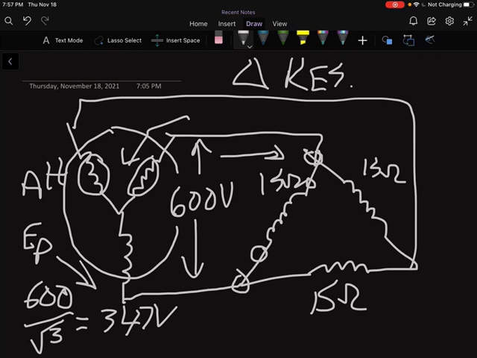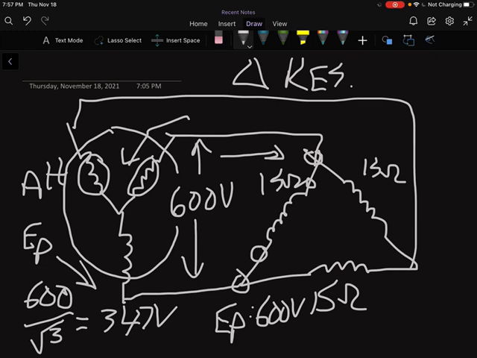That 600 volts is going to be seen across that entire coil. So, as to our rule that E phase and E line are the same, we end up having an E phase at our three-phase load of 600 volts. Okay.